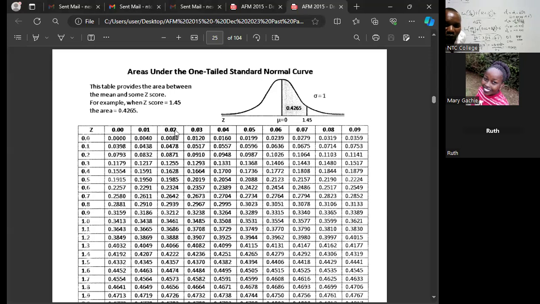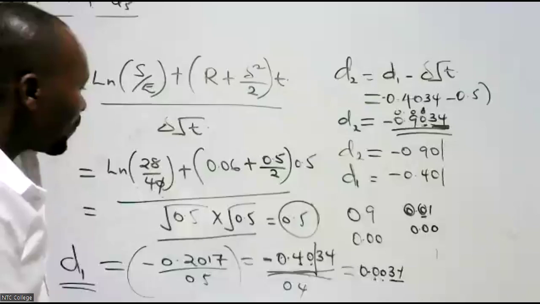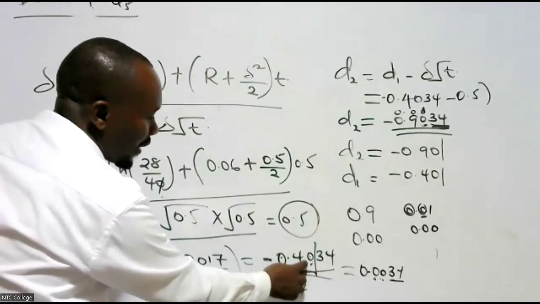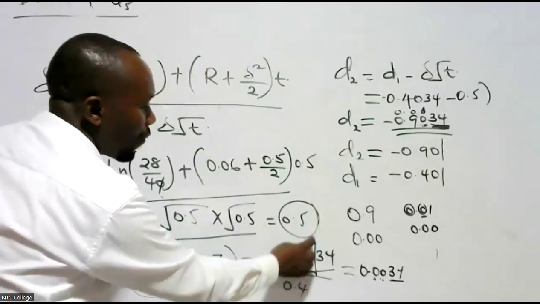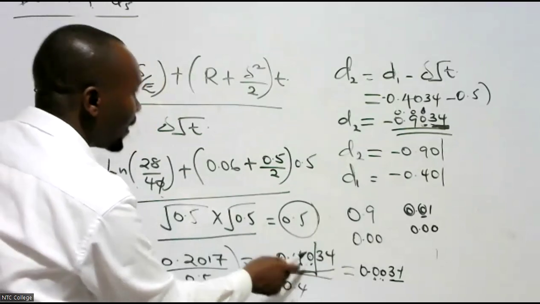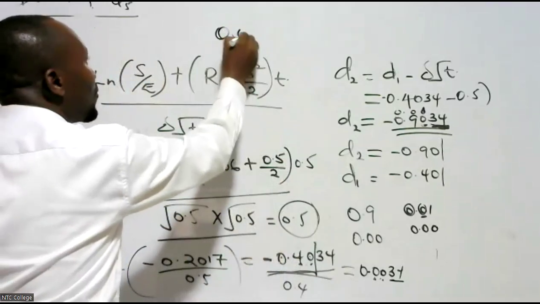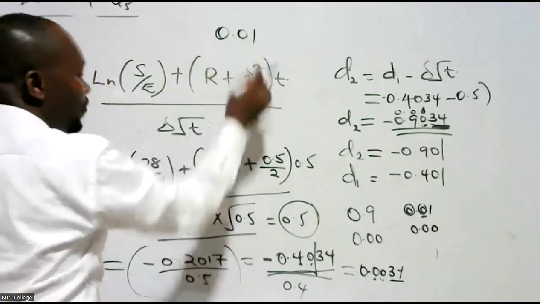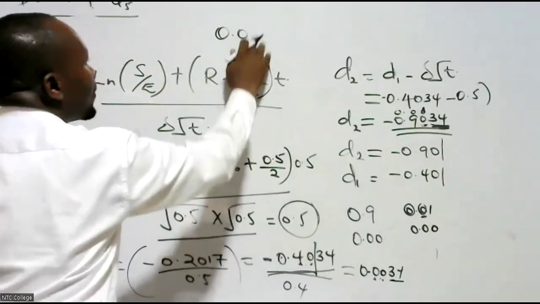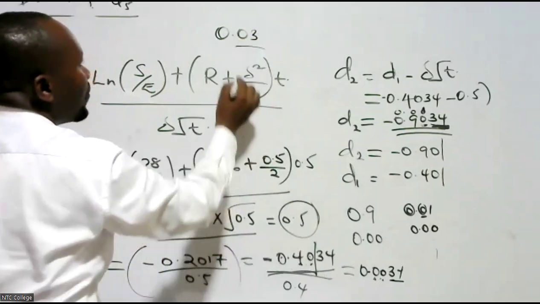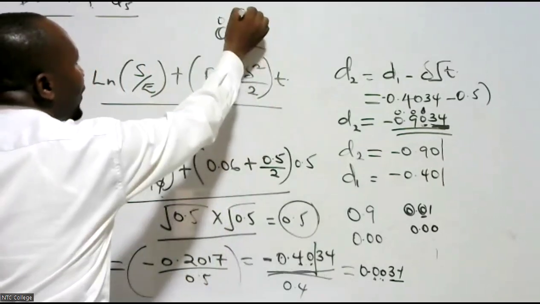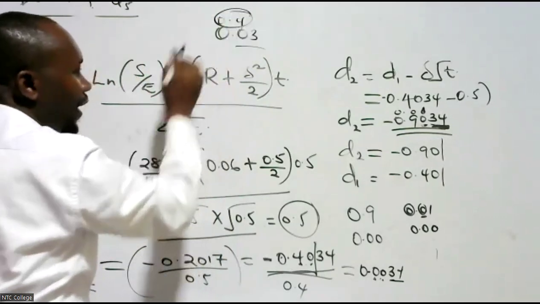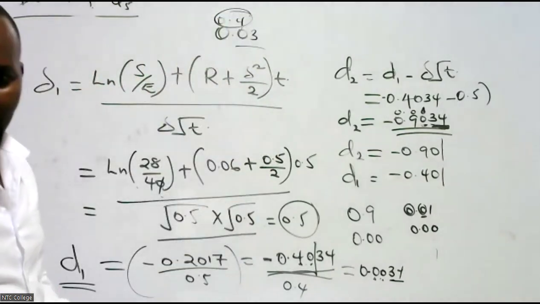Kama ingekuwa 3 ungekuja hapa. 4 ungekuja hapa, 5 like that order. After 4, the next figure ni sio 1. Kama ni 1, you look for where 1 is. So kama ni 1 hapa, you look for where is written 0.01 columns. If it was 3 here, you look for 0.03. Because hapa ni 0.4 ushamoa, umeangalia across.